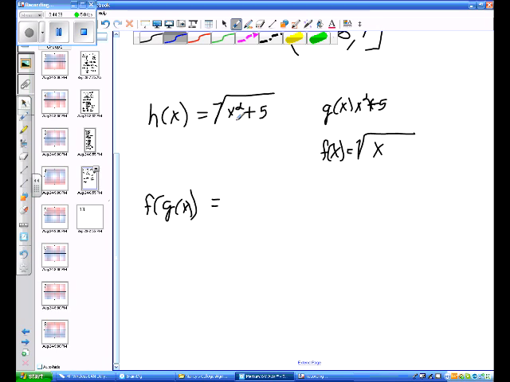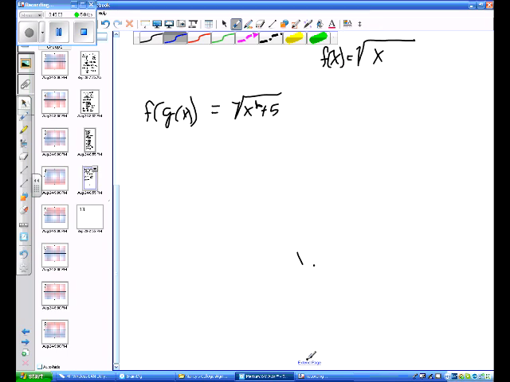And that would have turned out to be the square root of x squared plus 5. We took our function f, wherever there was an x, we substituted in g of x. And so we were able to come up with the composition that would have given us this new function, h of x.